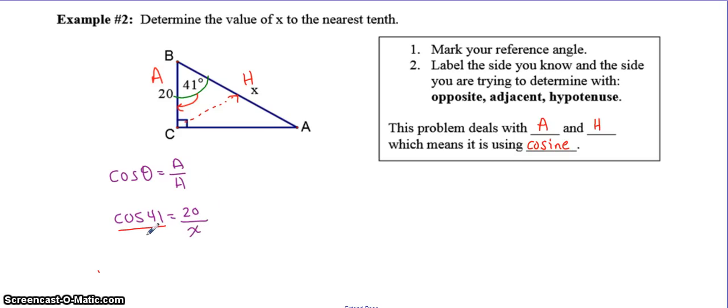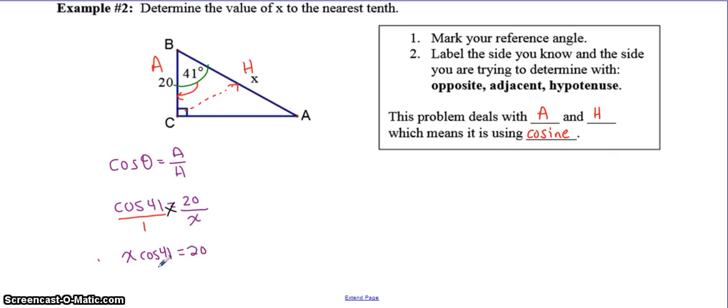Remember, there is a 1 underneath that. So when you cross multiply, you're going to get x times cos 41 equals 20. Now to solve for x, you have to divide both sides by cos 41.